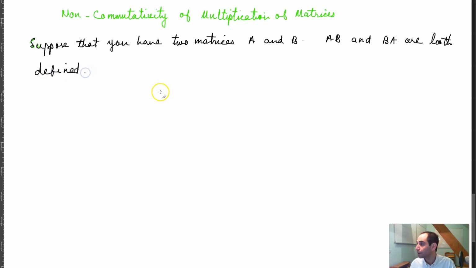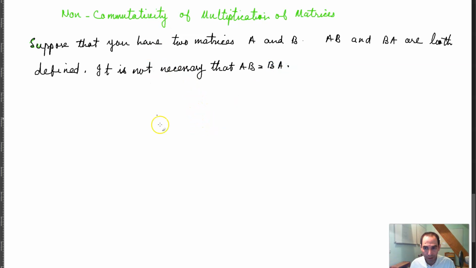It is not necessary that AB is equal to BA. That's basically the whole story, and we will see that through this example.